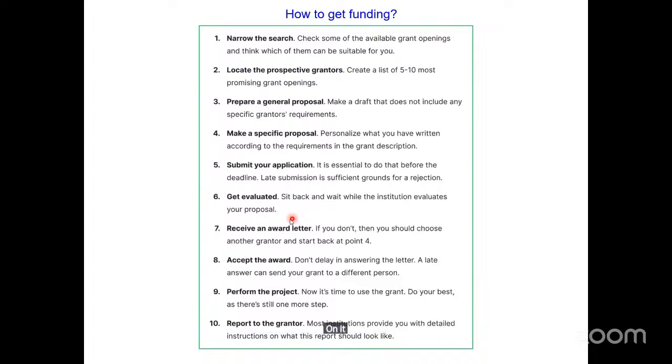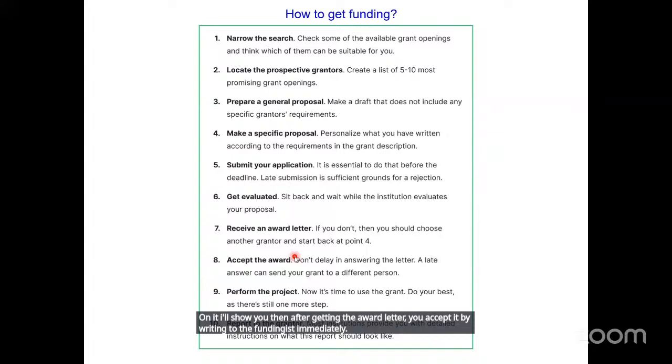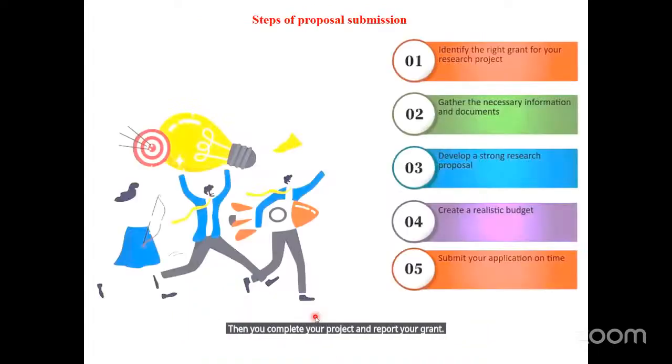Then after getting the award letter, you accept it by writing to the funding agency immediately that I am hereby confirming the acceptance of my proposal, and I'll submit the relevant documents. Then you complete your project and report to your grantor. So these are the common steps involved in the proposal submission.